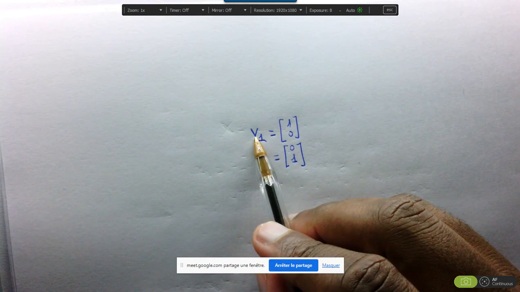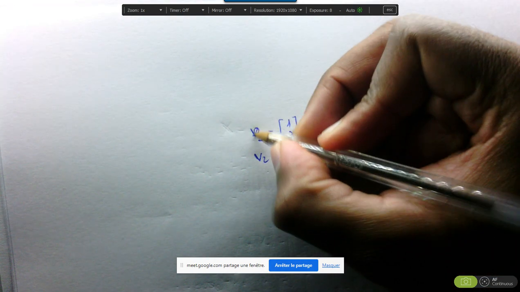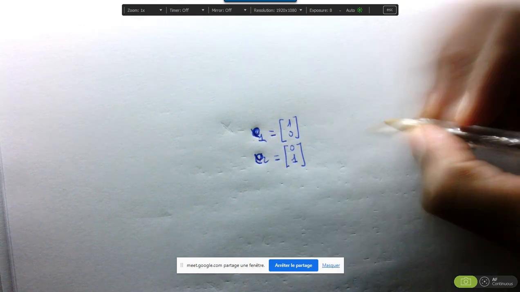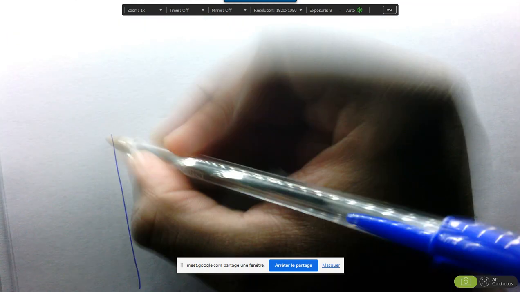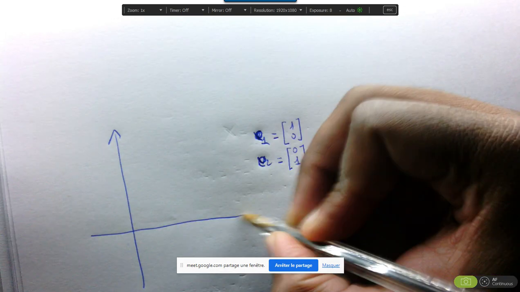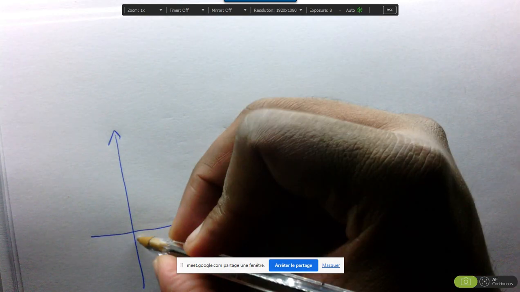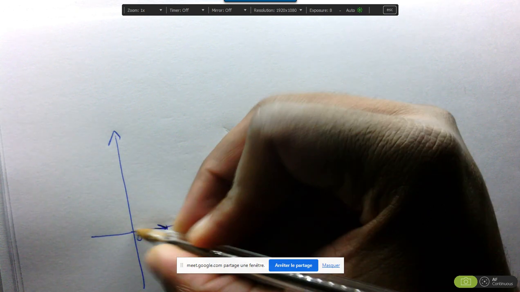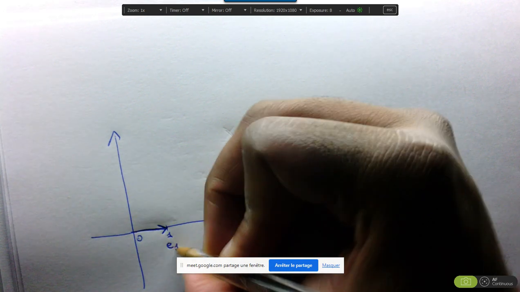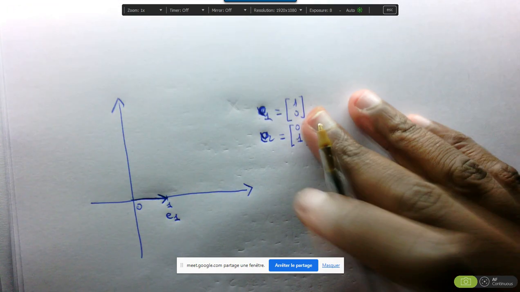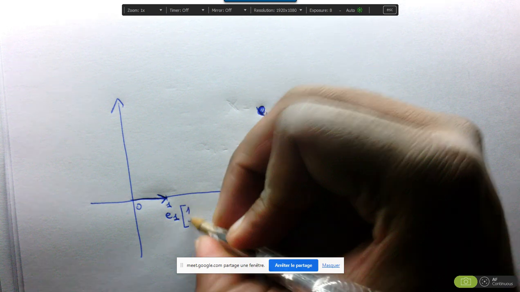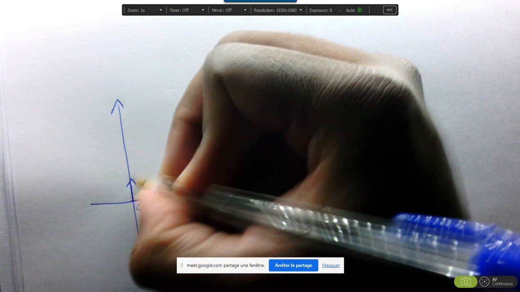This vector here is actually e1, and this one is actually e2. So graphically I have something like this, 0, 1. This vector here is e1, and this vector here is e2.